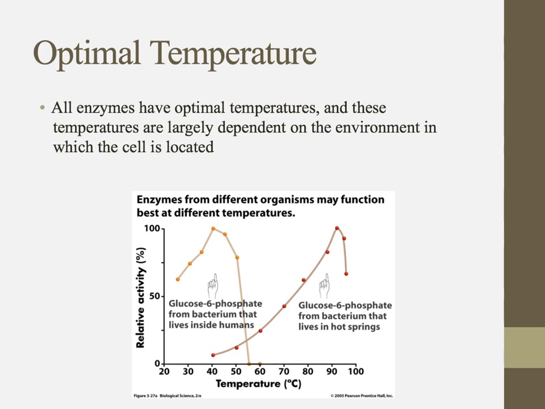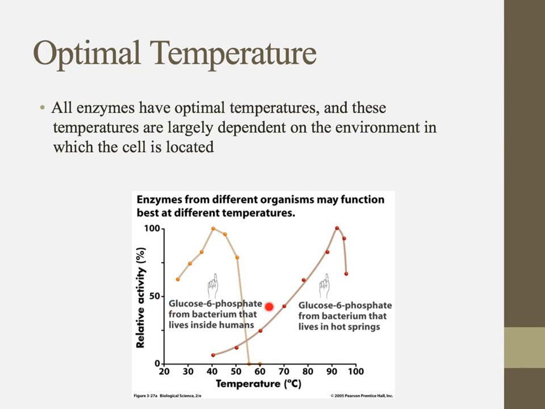If you're an organism like some kind of bacteria that lives in a hot spring, your enzymes have probably evolved to be most functional at a temperature in which you live and that your cells are at. So every enzyme has different optimal temperatures.